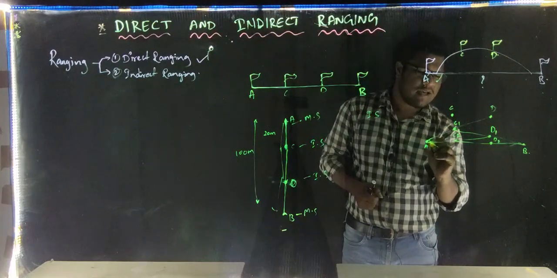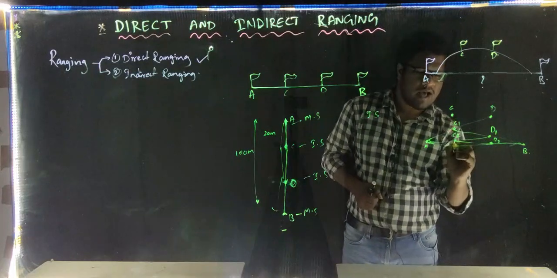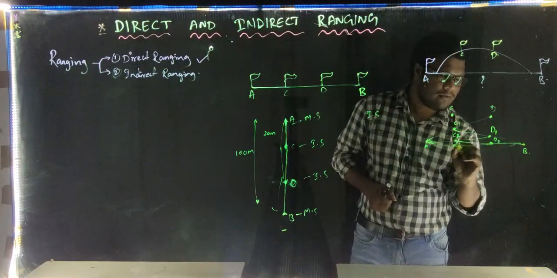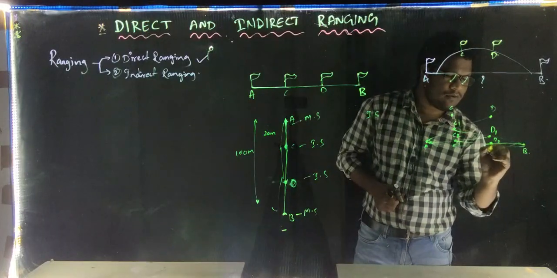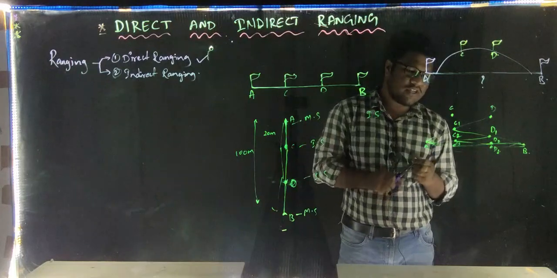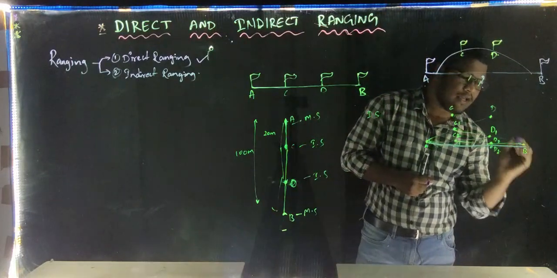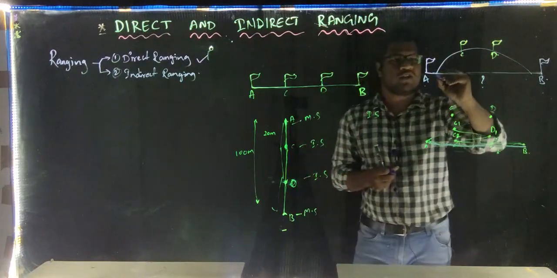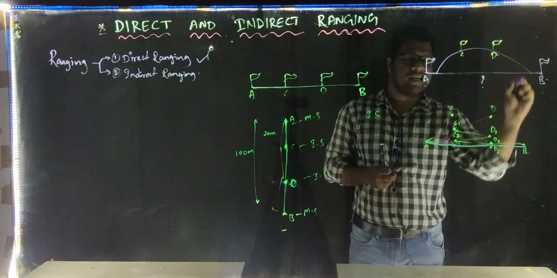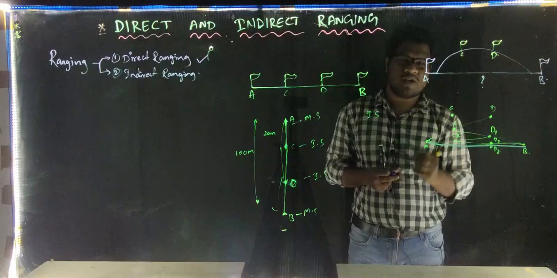And at last, I am going to do this interpolation until C3 and D3. I am going to move these stations until A, C3, D3 and B come into a straight line, so that I can fix these four stations in a single line, and then I can measure the distance between these four points. This is known as indirect ranging.